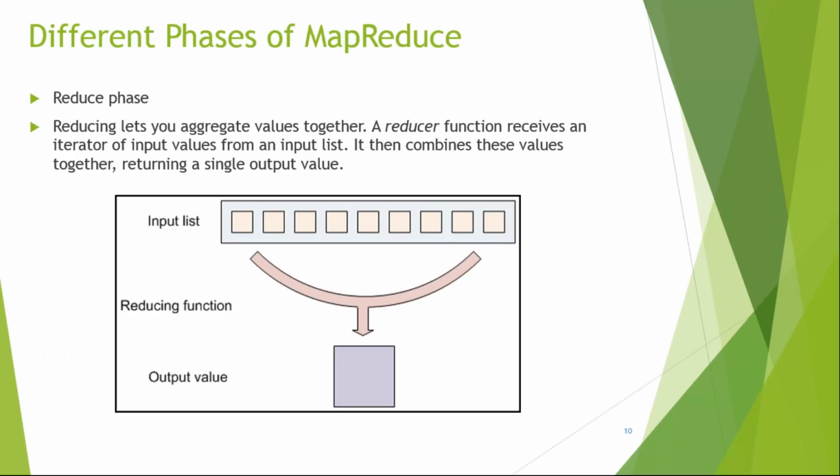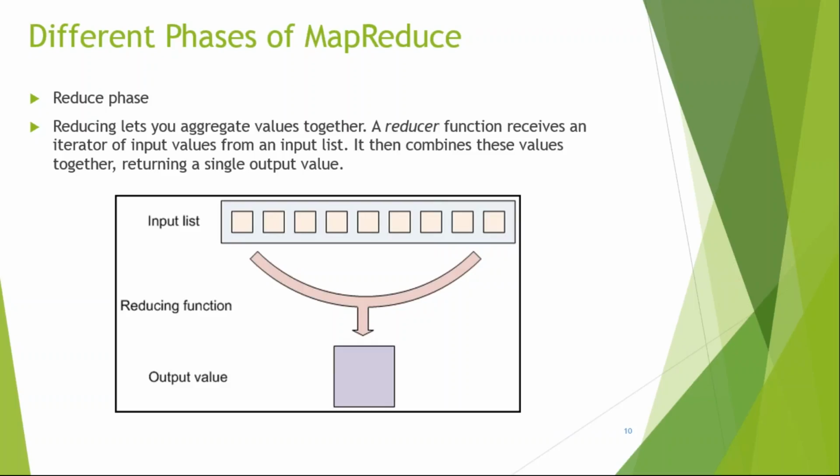One is the map phase, and whatever output is given by a mapper will be the input to your reducer, because it's a different phase. The mapper has performed some operations and given me some output that has to go to a reducer. The reducer lets you aggregate values together. A reducer function receives an iterator of input values from an input list.